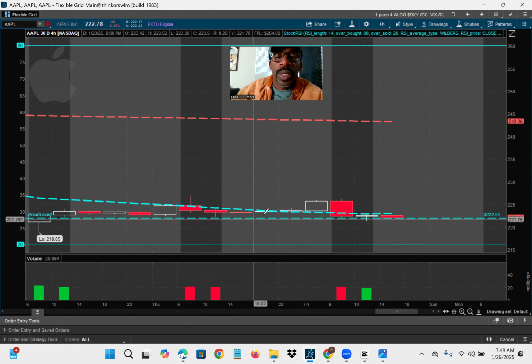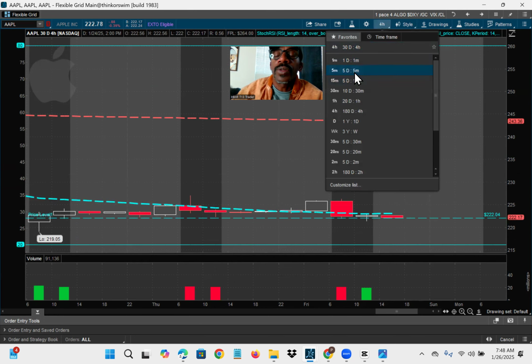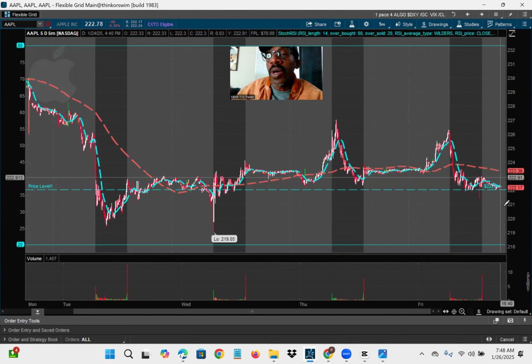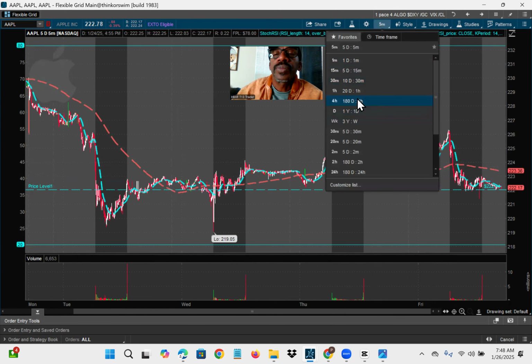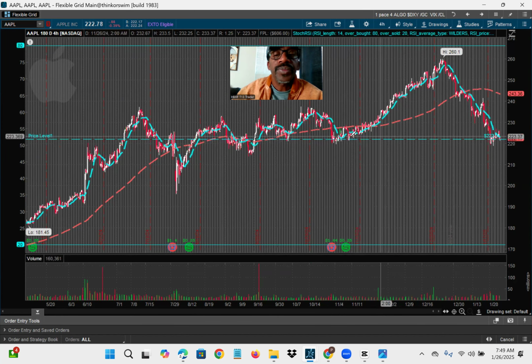We already said it started creating higher highs, higher lows here on the smaller chart. Okay, now I can see better. All right, here it is. You can see on the 4 hour, it had it going back up to 223, or was it higher? Okay, 243. So like I said, it's holding support right now off of this.